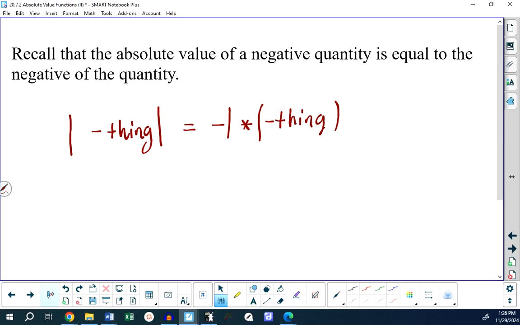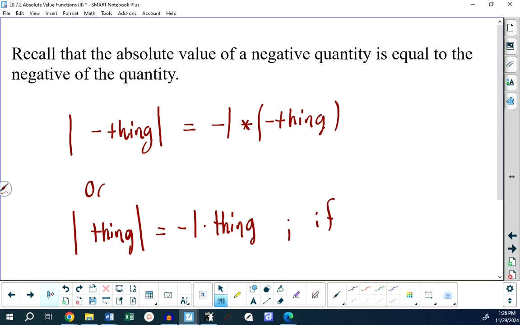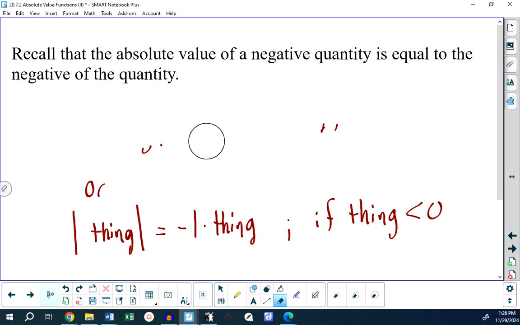I could say the absolute value of a thing, and this is maybe even better, is negative 1 times the thing if the thing is negative. In fact, I think that's what you should be saying.